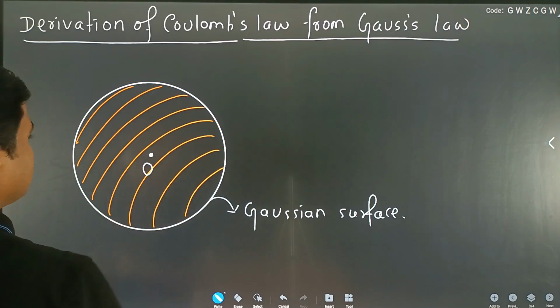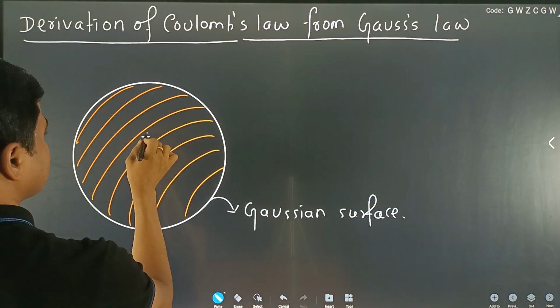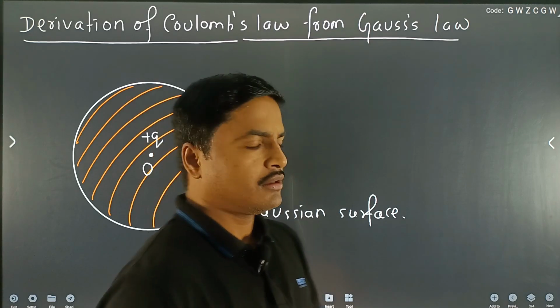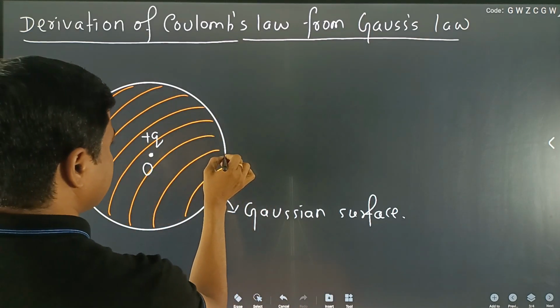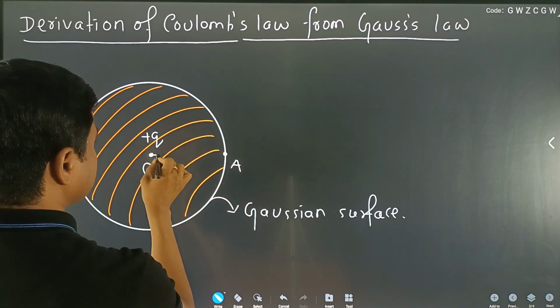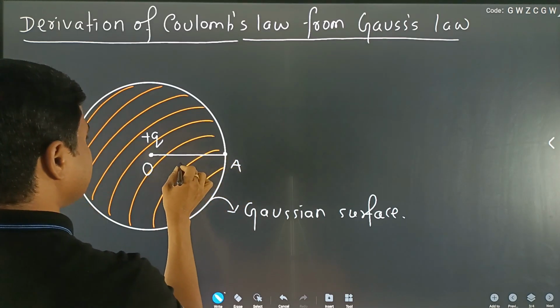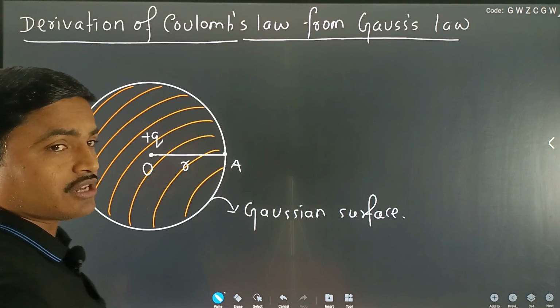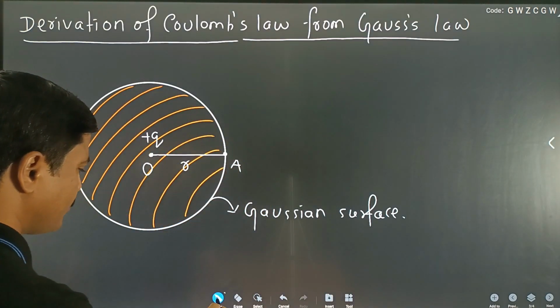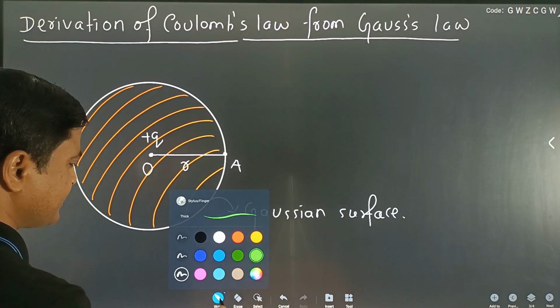We write it as O, and at the center a positive charge is there, that is plus Q, and this point we write as A point. We join from the center up to A, and this is the radius of the Gaussian surface. Then at point A, what is the direction of the electric field?